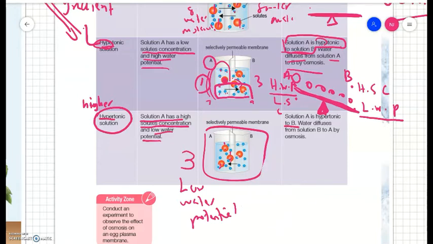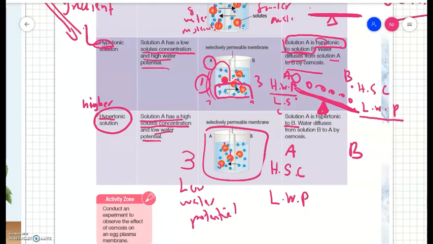Cikgu mau lukis dia punya jongkang-jongket, dia punya seesaw. Okay, so solution A, solution B. Solution A, it has high solute concentration, at the same time low water potential.